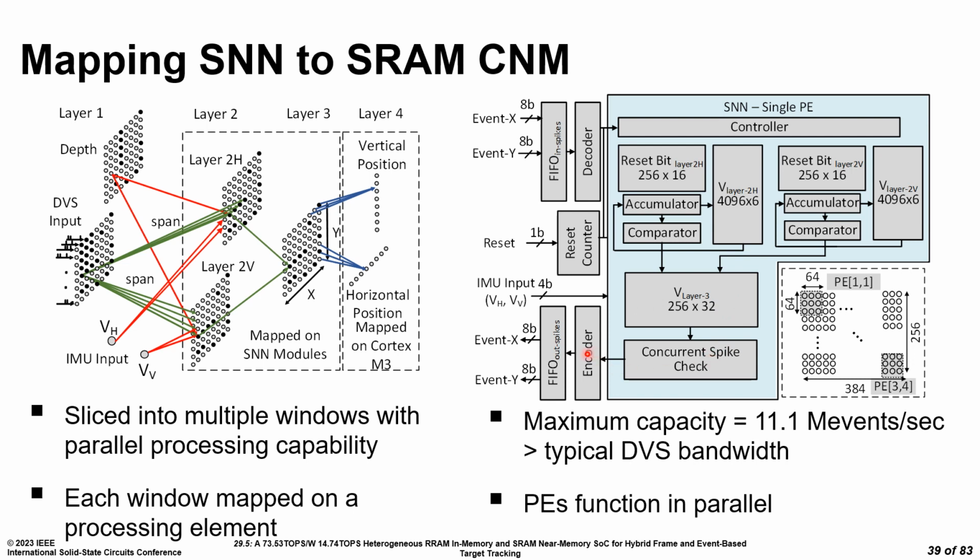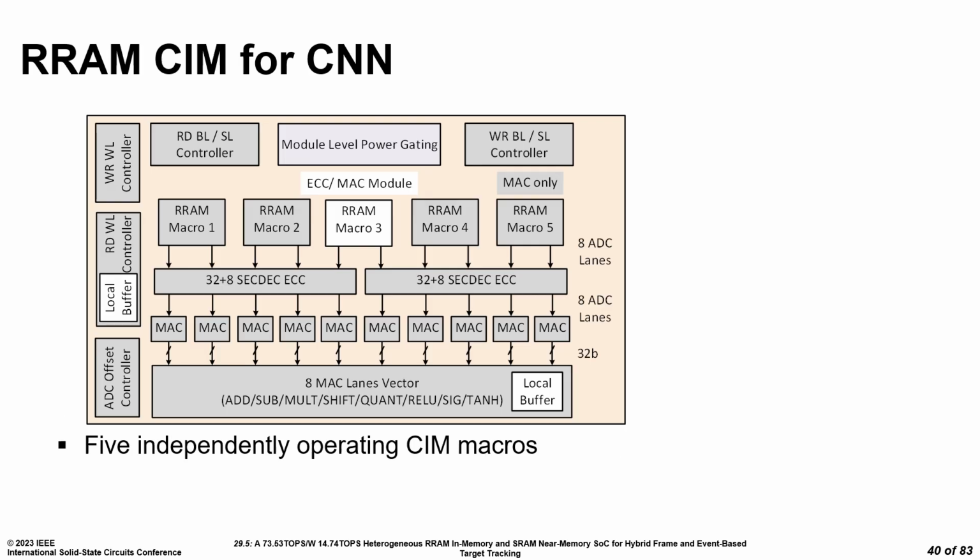The output spikes are also buffered for the Cortex to read and infer the position of the target. This distributed processing allows us to reach more than 11 million events per second for real-time processing with DVS data that I'll show later.